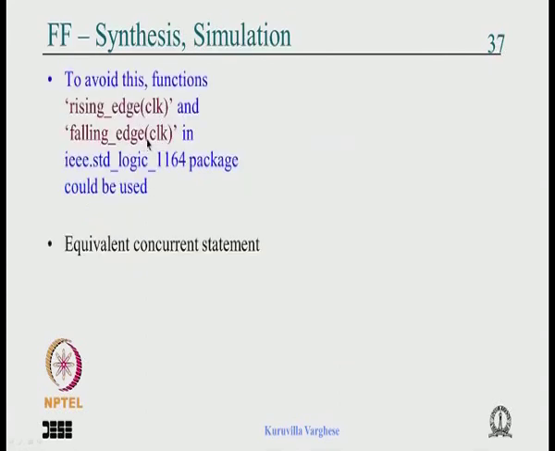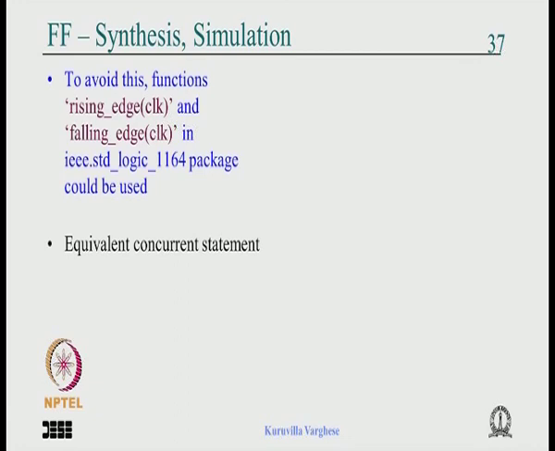So maybe 1% or 2% of the computation time could be extra, which may not be a big deal with present day computing power. That's the only negative part of it.